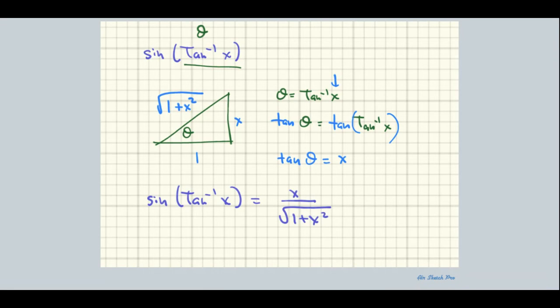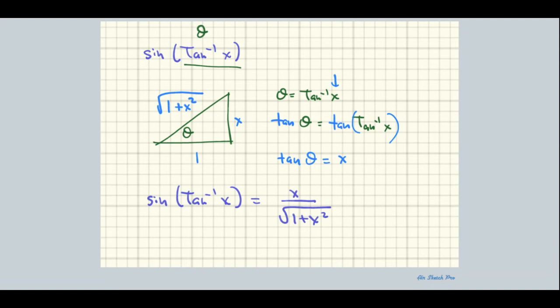And that was a closed form that used just about everything that we needed to know on this. First of all, I knew that I had to draw a triangle because I'm looking for sine, a ratio. I had the arctangent, so I was looking at theta as the arctangent of x, and that told me that I had to use the inverse function, tangent, applied to that argument, tangent theta, in order to figure out what x was, what the tangent was, and then turn that into a ratio and fill in the triangle, and there we were.